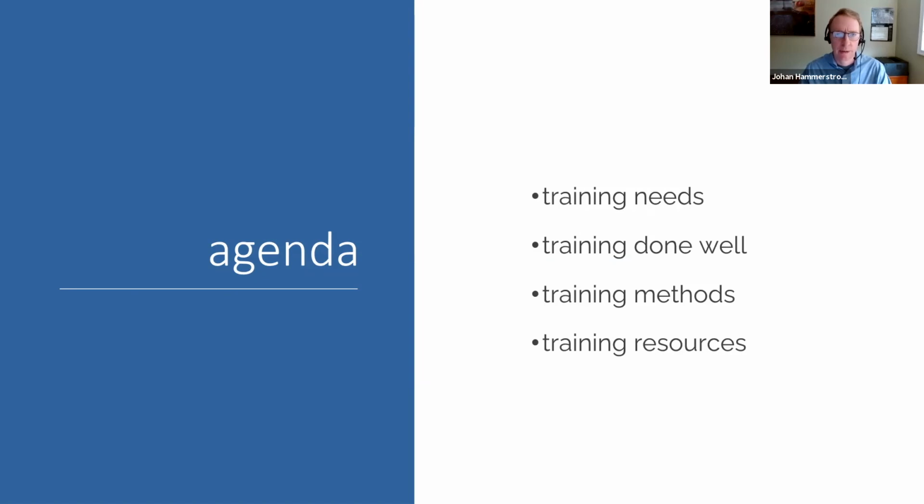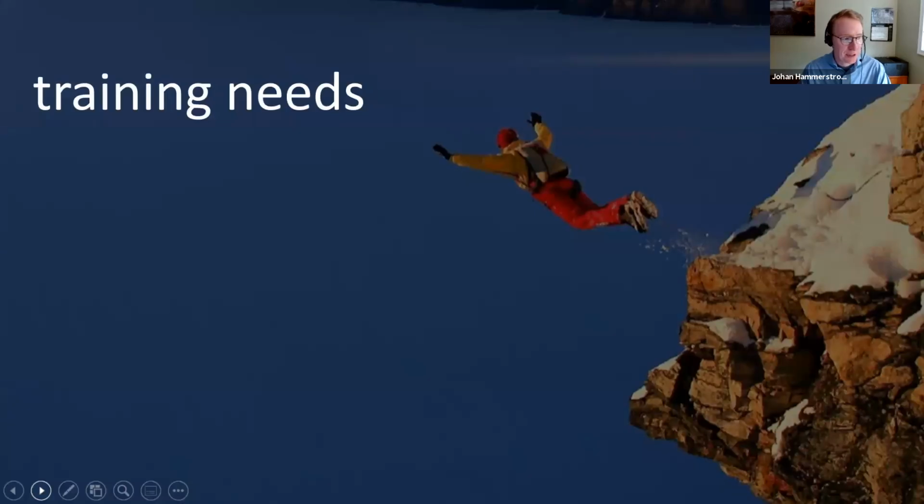So we want to talk about some of the different methods that can be used for training and where different methods are appropriate. And finally, some training resources that we've found helpful and that we think you'll find helpful as you think about a training program at your own organization. So that's the agenda today. I'm looking forward to it. Let's get started talking about training needs.